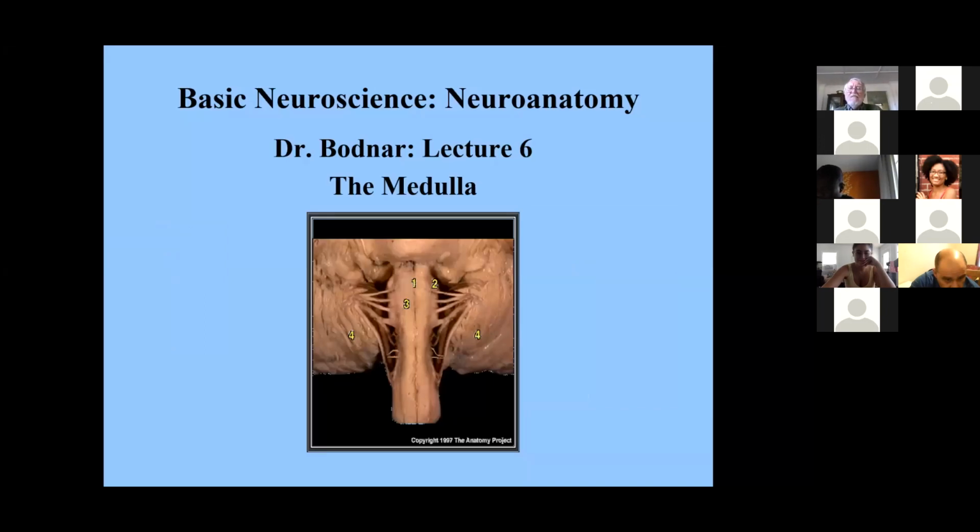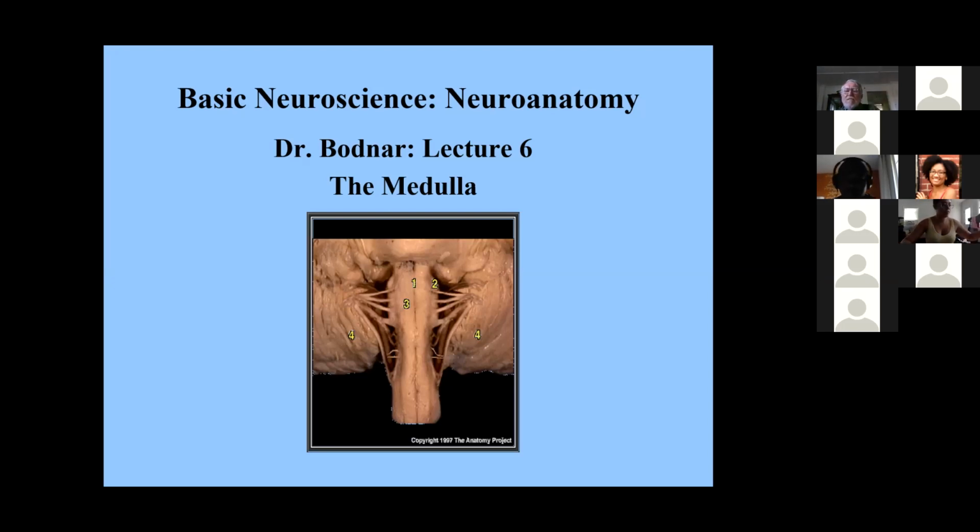Okay, so I'm back. And what we're now basically going to be doing is entering the brain. And we are moving from the most caudal part of the brain going forward. And that, of course, is the medulla. So what we can see here is an inferior surface of the brain. We're seeing very major parts.